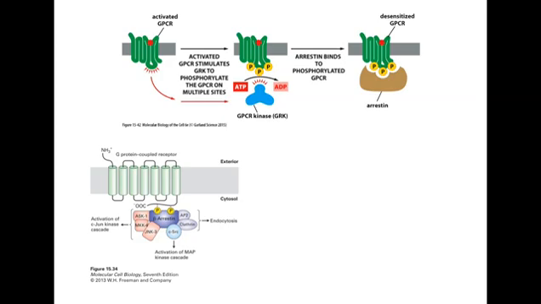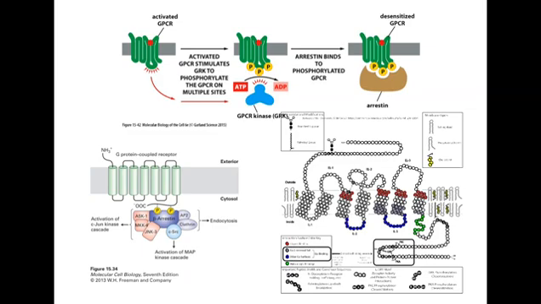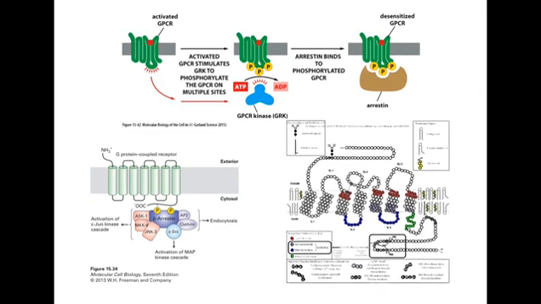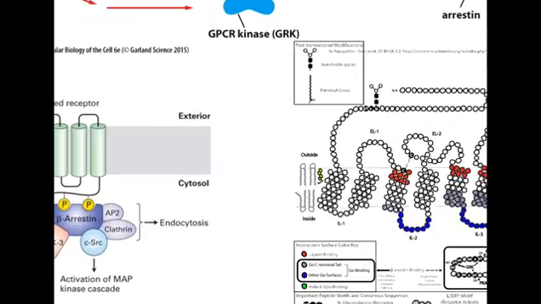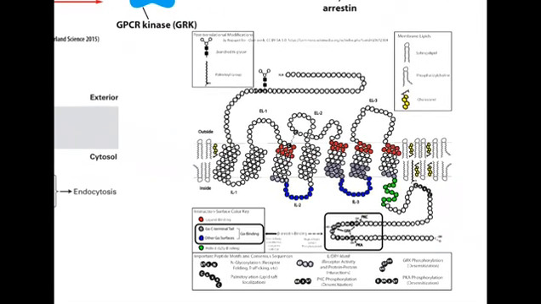Okay, so if we go back to the Wikipedia diagram that we basically started with, it's now time to sort of finish up that discussion, because we've covered everything by now. So here's ligand binding on the extracellular face.